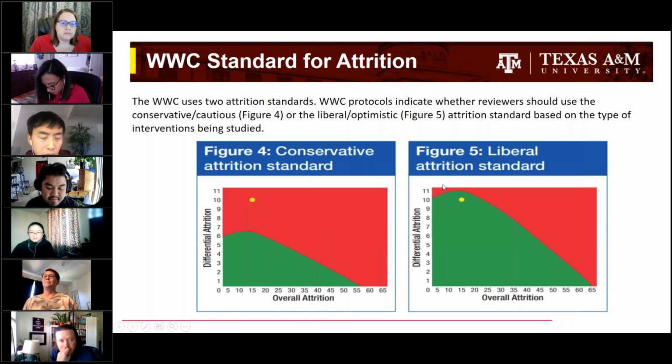However, if the WWC protocol uses the liberal attrition standard, this yellow dot will be located in the green area, and so will be considered low attrition.